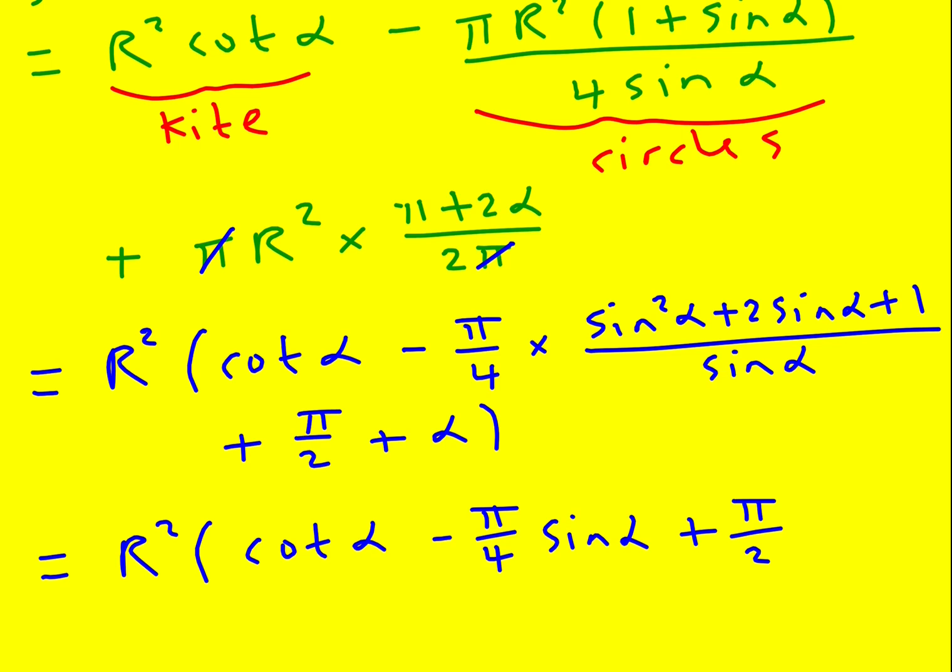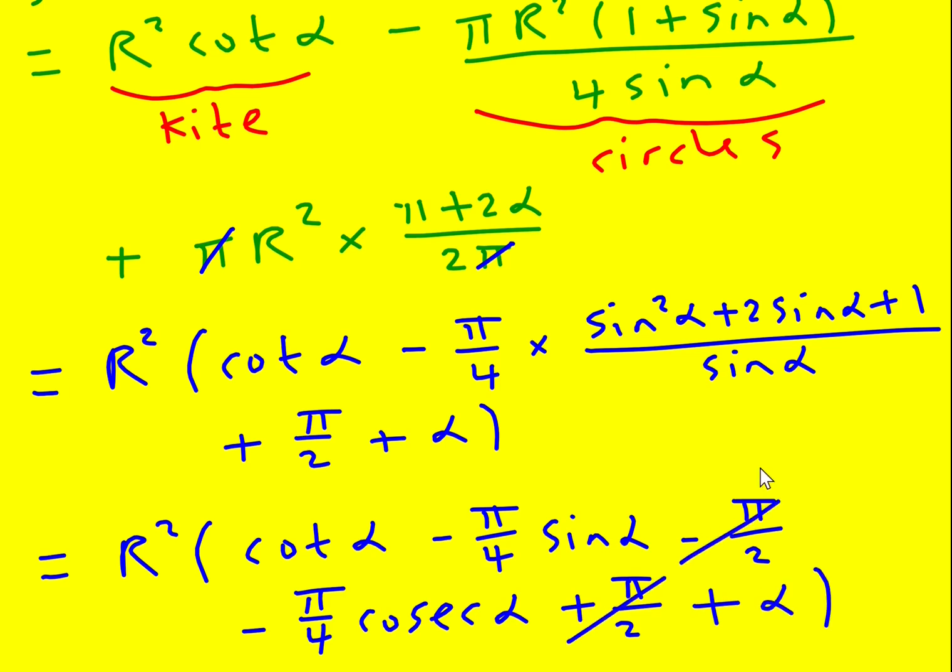But actually, this should be a minus. And then I'm going to minus pi over 4 times 1 over sine alpha, which is cosec alpha, plus the pi over 2 and plus alpha.